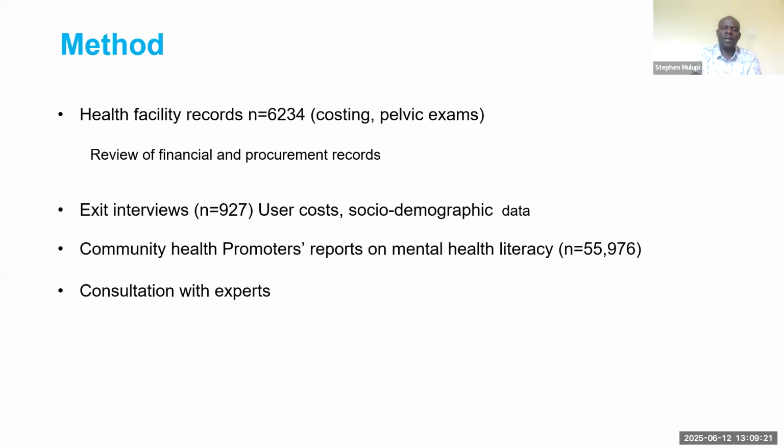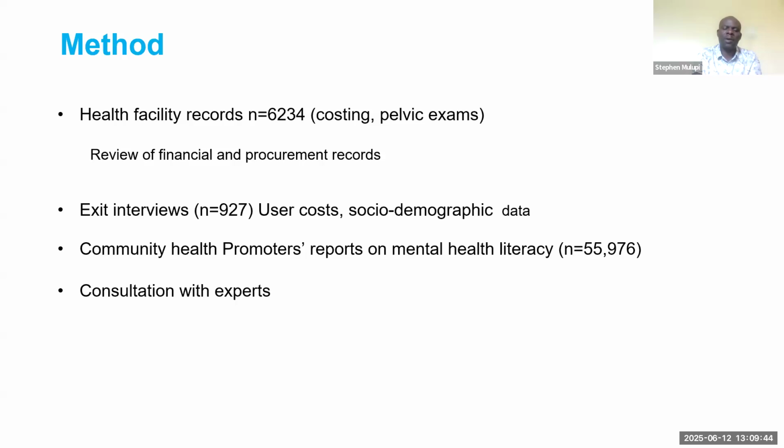Out of facility records, in the 9 facilities, 6,234 women accessed pelvic examinations, and we got this data from the review of the records that Millicent has shared. We also looked at financial and procurement records to document everything we ever purchased for this intervention. And we interviewed 927 women to understand their user costs.